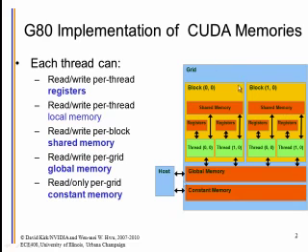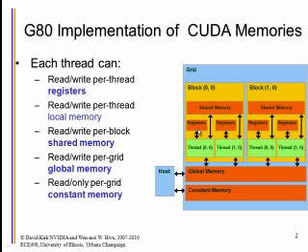Here we have the host, which is your CPU, that communicates to the device in this rectangle. Within the rectangle you have global memory and constant memory, which are both global. Then within the block of threads, you have shared memory and registers.